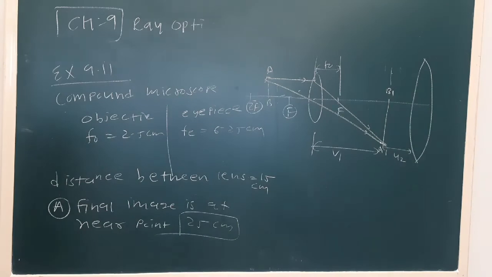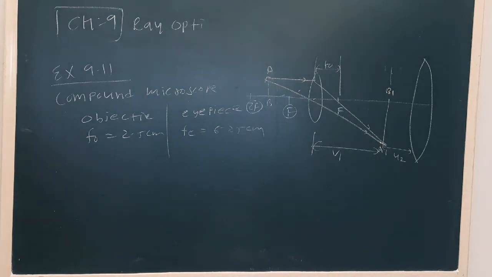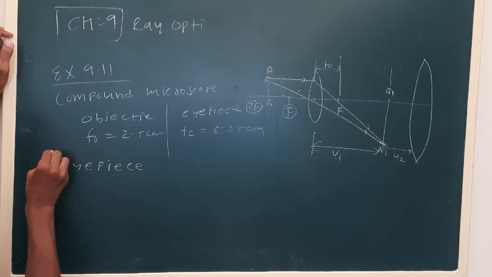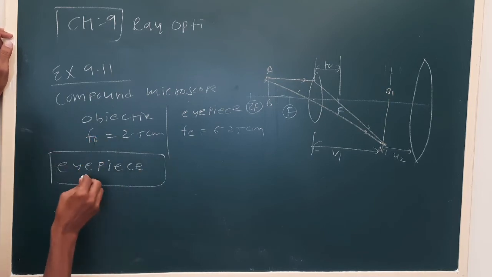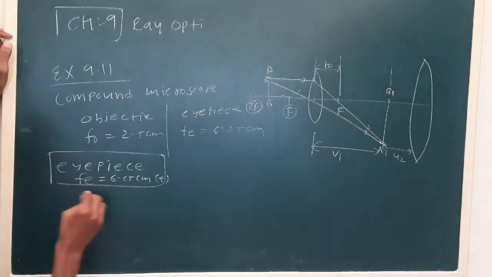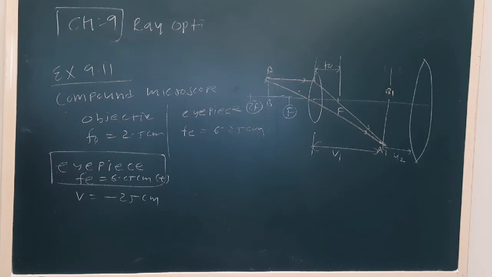From that we can obtain the object distance. So first, see here, there will be reverse procedure. For eyepiece, F is given and final image is at minus 25 centimeter.